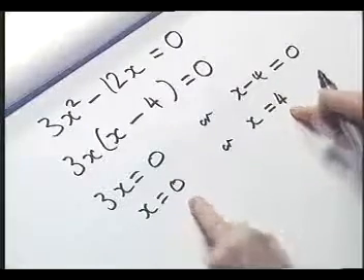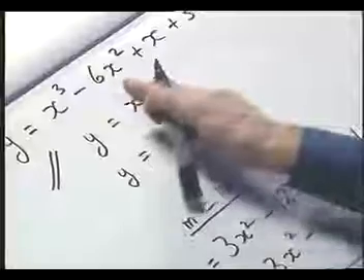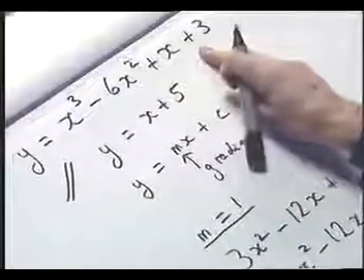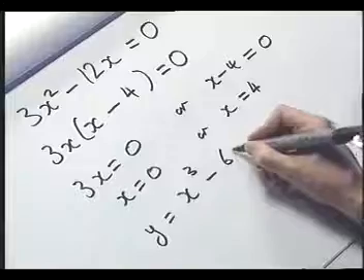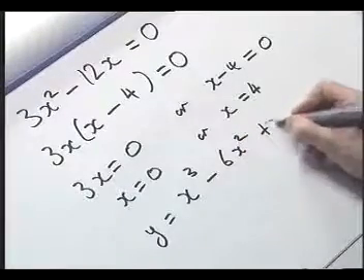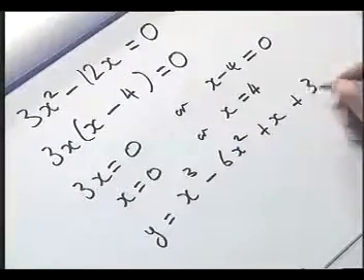And to do that, we need the equation of the curve again. So let me just bring back the page, and it's x cubed minus 6x squared plus x plus 3. So y equals x cubed minus 6x squared plus x plus 3.